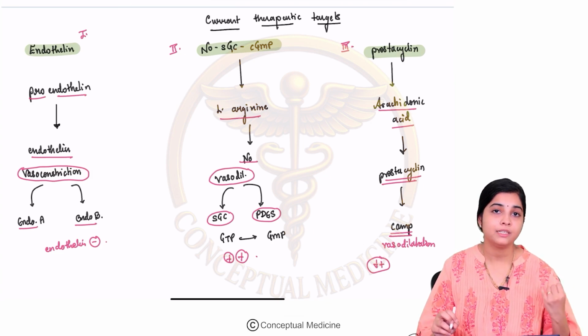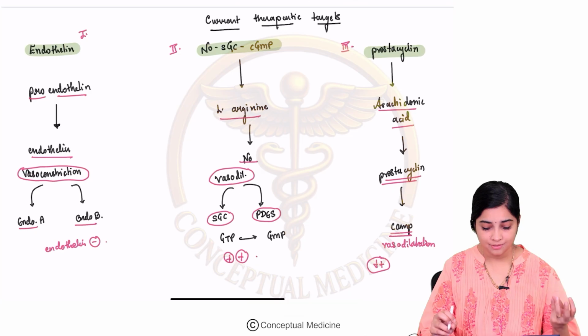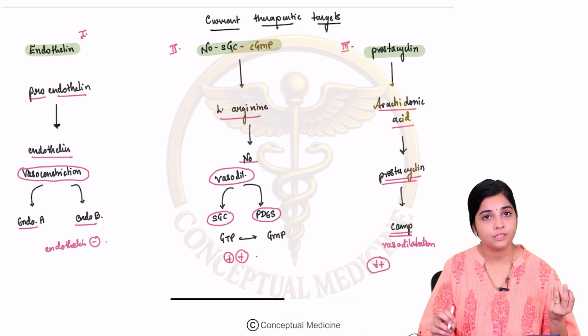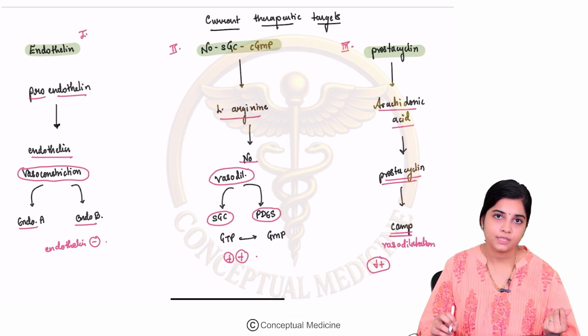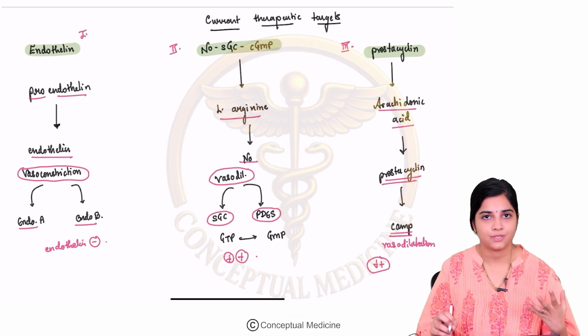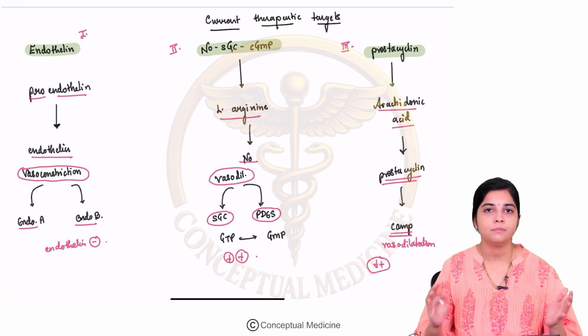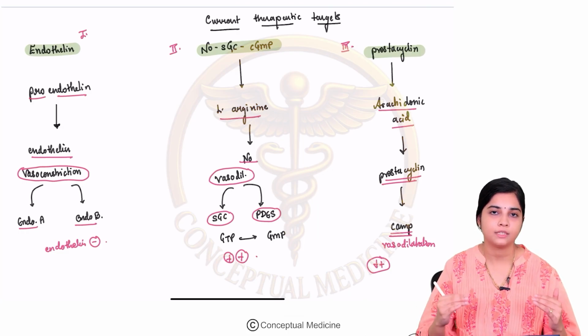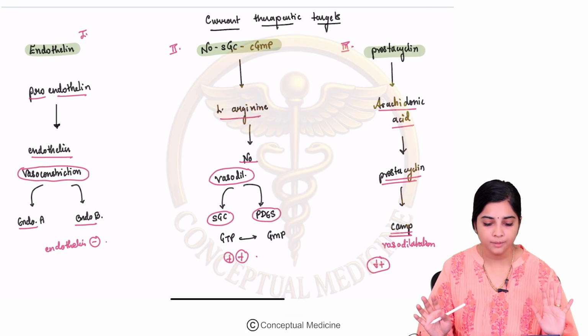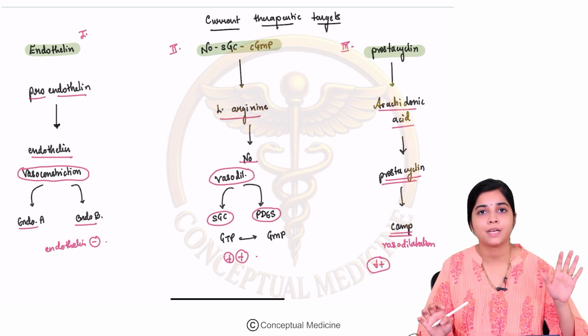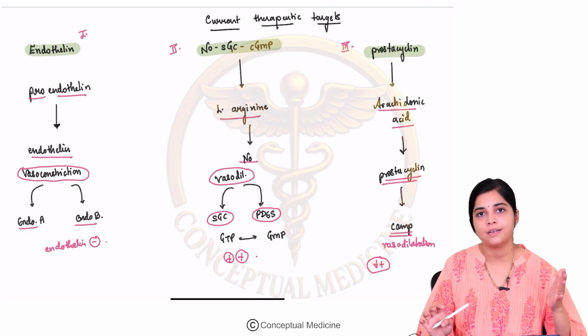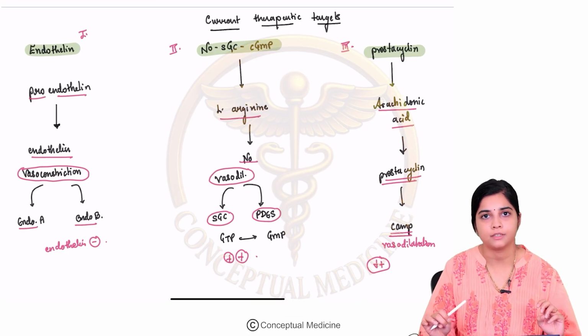So, we give endothelin receptor blockers, we give stimulators of guanylate cyclase or phosphodiesterase 5 stimulators, or we give prostacyclin stimulators or prostacyclin analogs, which help in vasodilatation and reducing the vasoconstriction. This is the basics by which the various drugs are developed in the treatment of pulmonary hypertension.